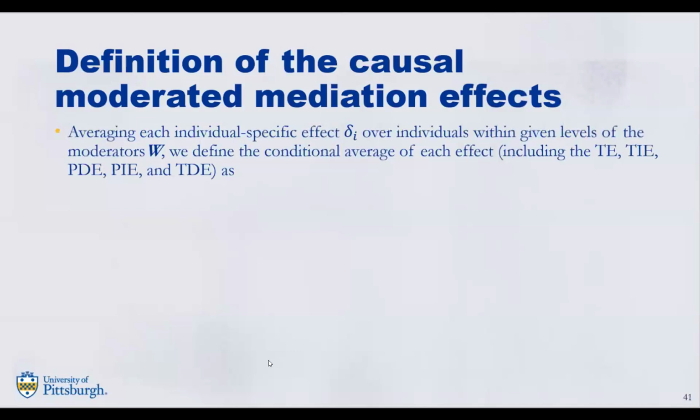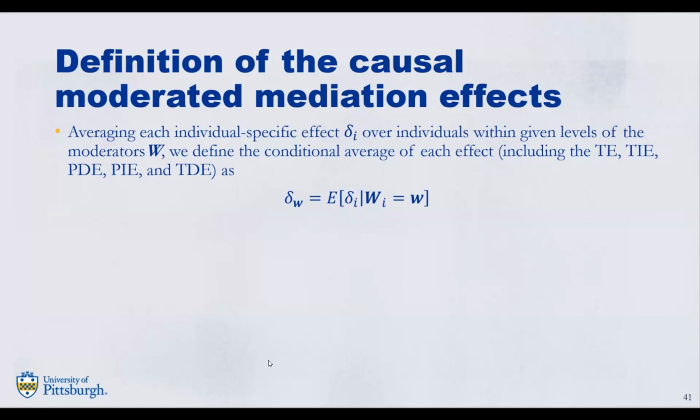Then how to define the conditional effects? It follows the same logic as the definition of the population average effects. We simply average each individual specific effect over individuals within given levels of the moderators so that we are able to define the conditional average of each effect as this. Remember earlier when we defined the population average effects, we just take an expectation of the individual specific effect. Here we denote it as delta i.